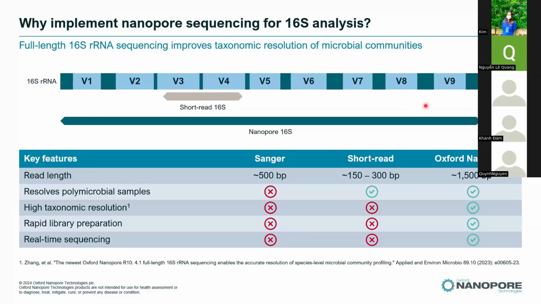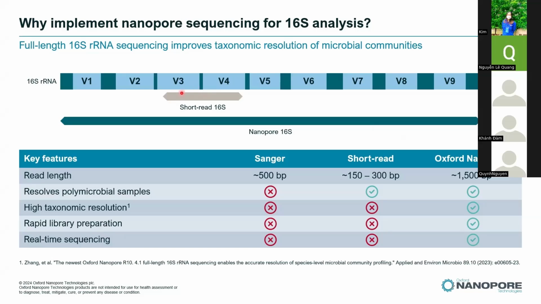I believe many of us know them as V1 through V9, which are positioned between the conserved sequences. These variable regions are very useful because they can serve as species-specific signatures, which makes them very valuable for bacterial identification and classification in microbial community profiling.